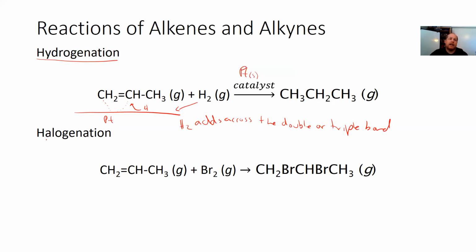Okay. In a halogenation, it's the same type of idea, and these are both examples of addition reactions. In this case, the bromine, Br2, is going to add, or chlorine or fluorine will work in kind of the same way. It will add across the double bond or triple bond.